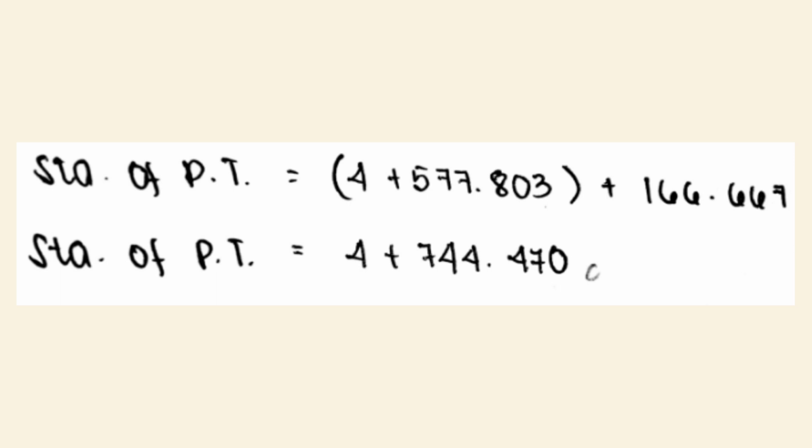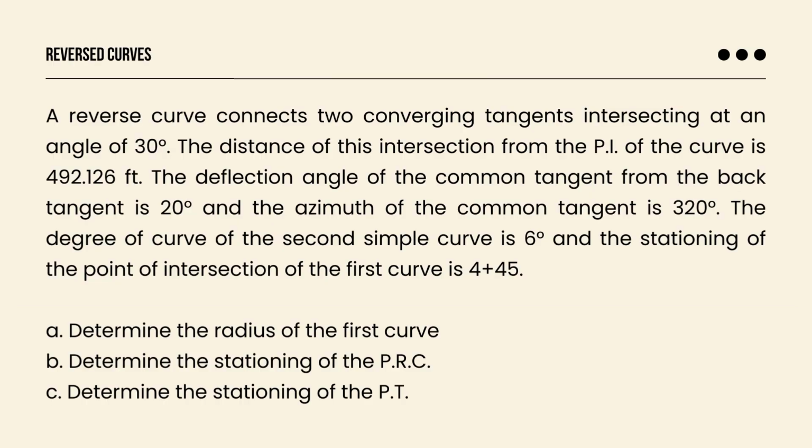It would be 4 and 577.803 plus 166.667. So the stationing of PT would be equal to 4 and 744.470.